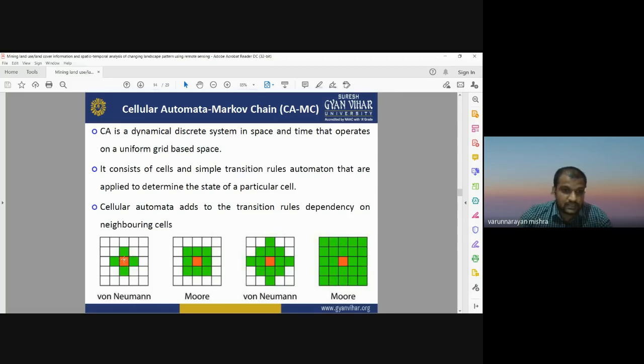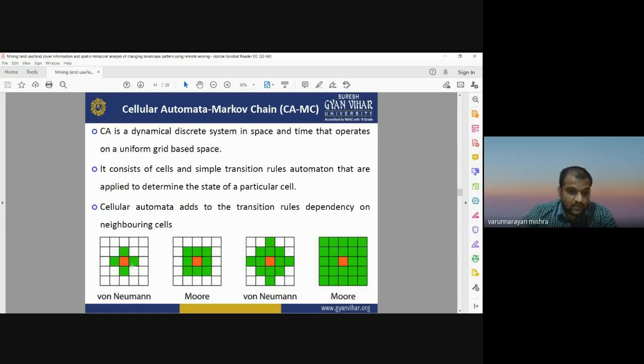If this red pixel is agricultural land, there is a possibility that the surrounding pixels will be agricultural land, or you can say this red pixel will be converted into another class surrounding it. Suppose all these green pixels are vegetation, and this red pixel is agricultural land.